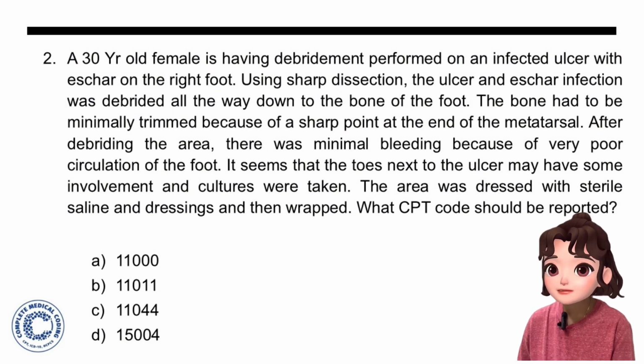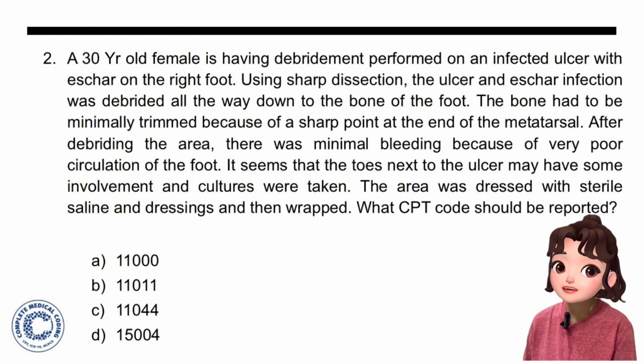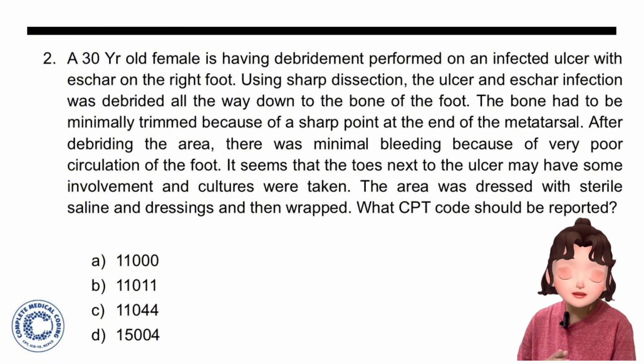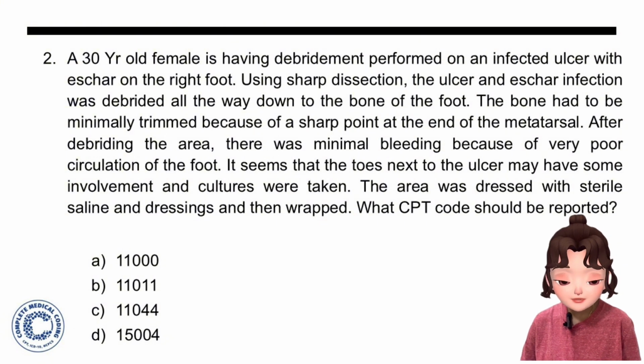Here, what is debrided? See the second sentence in the question: using sharp dissection, the ulcer and scar infection was debrided all the way down to the bone of the foot. Until the bone it is debrided. So this is debridement of bone, right? So hopefully we got the correct code as 11044. Still, you can go and check option D, 15004.